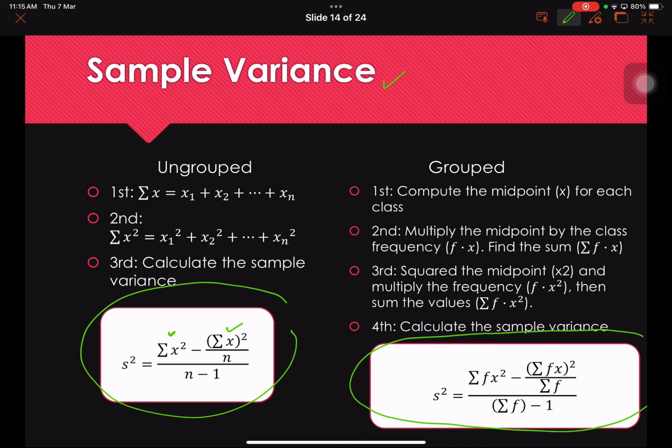Second one, this one. You sum your x first, then you get a value. That value you square. And then this one you divide by n, and the whole thing you divide by n minus 1.